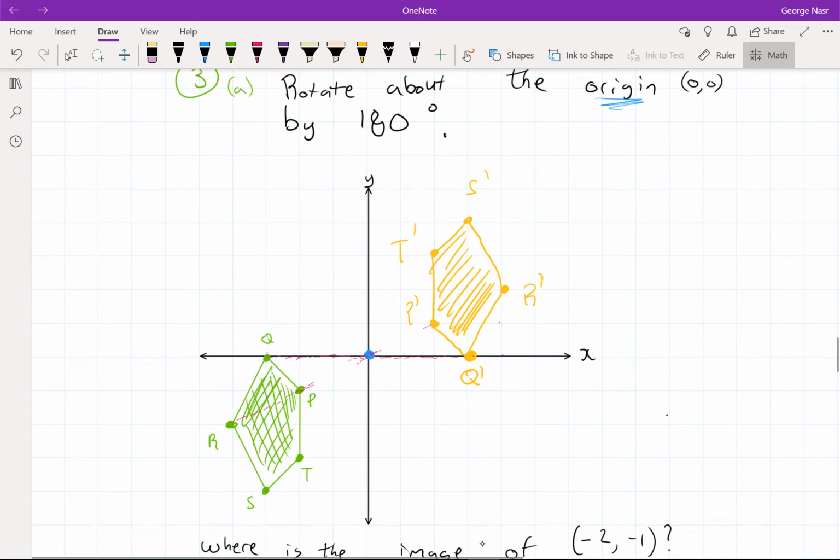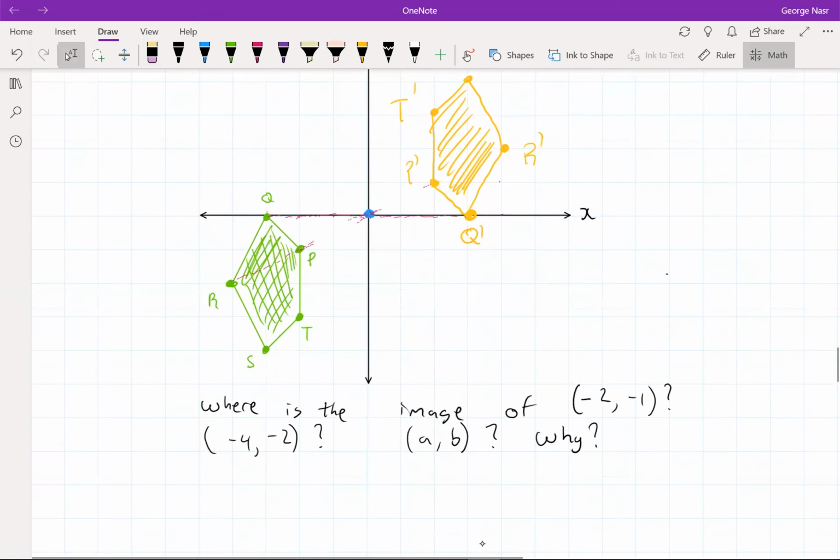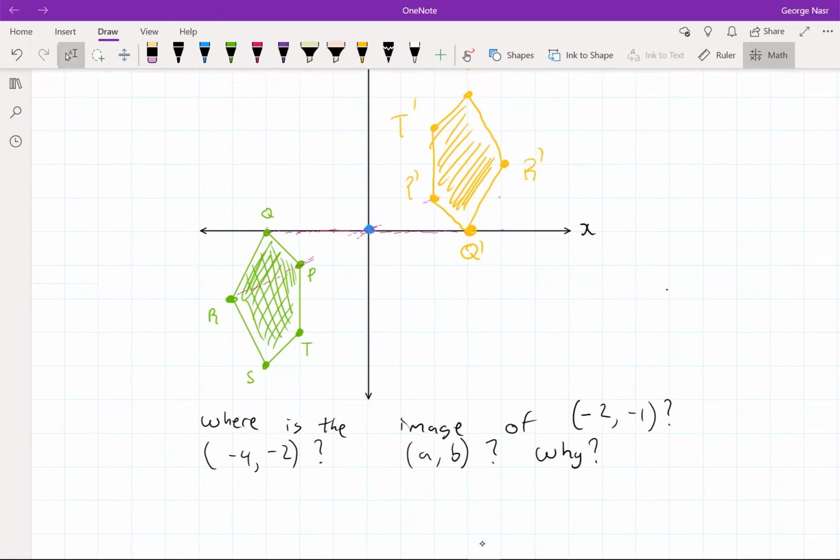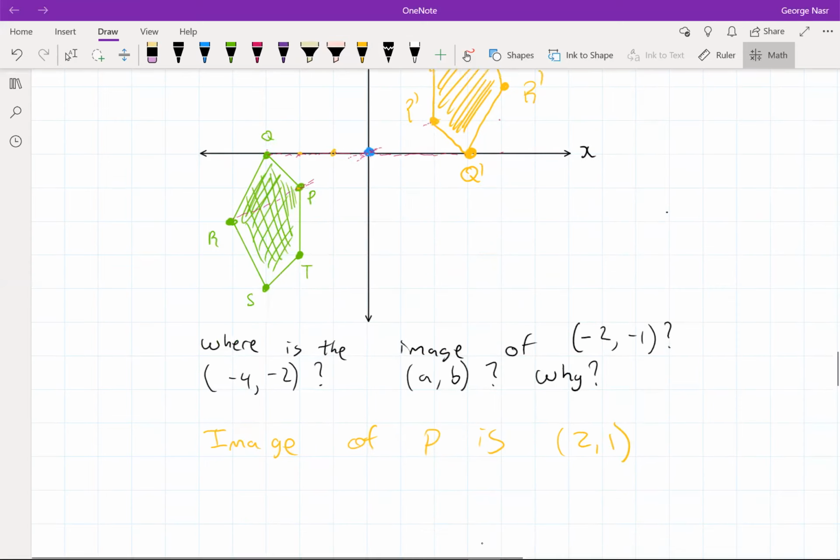Okay? So now let's do some of these practice questions again. So what's the image of -2, -1? So -1, 2, 1, that's P. So the image of P, where did that go? That got rotated around by 180 degrees and it landed at 2, 1. What about -4, 2?